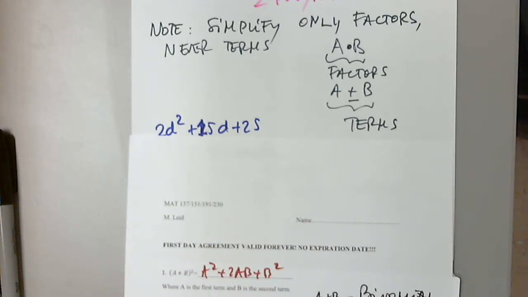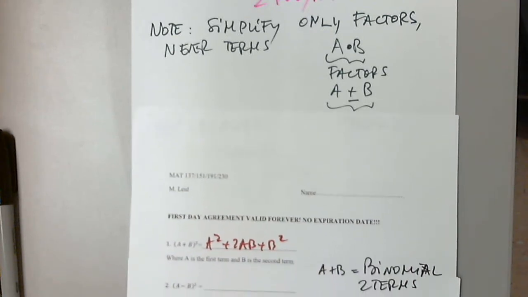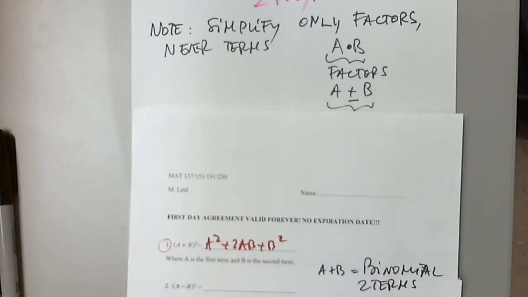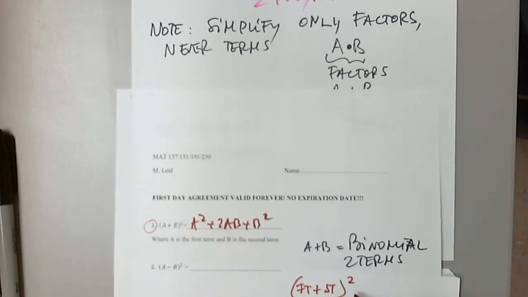This is how we should remember it. So this is our first special product. First term plus second term, everything squared, equals the first term squared plus 2 times the first term times the second term plus the second term squared.